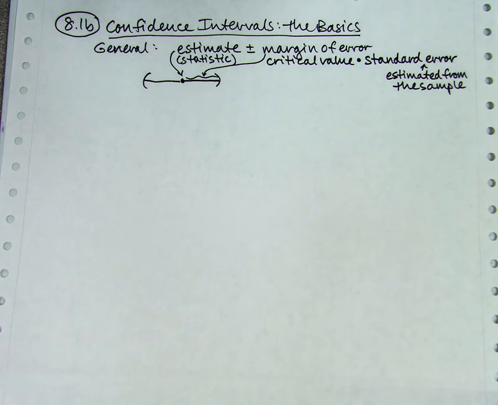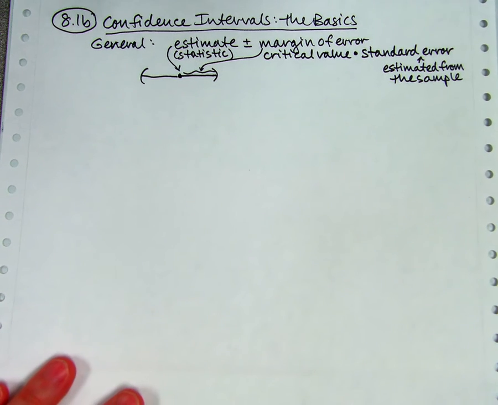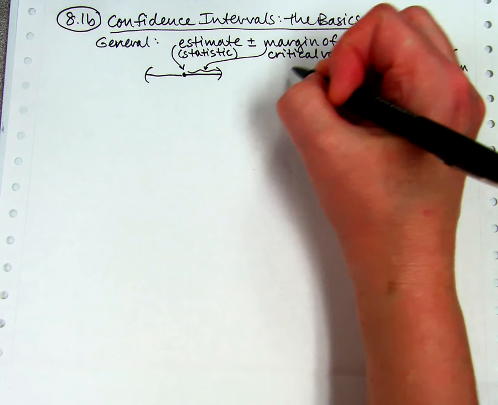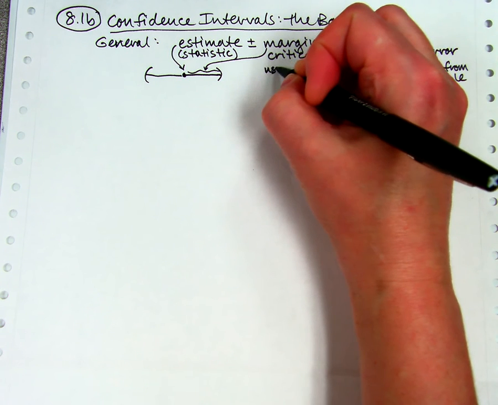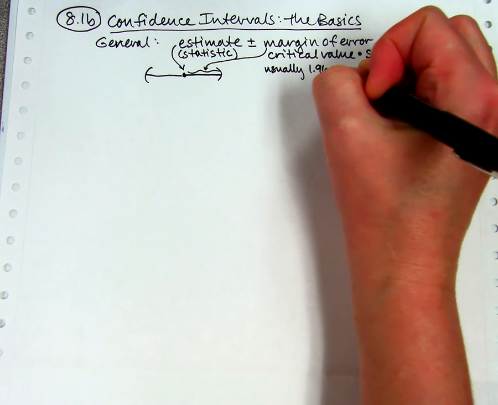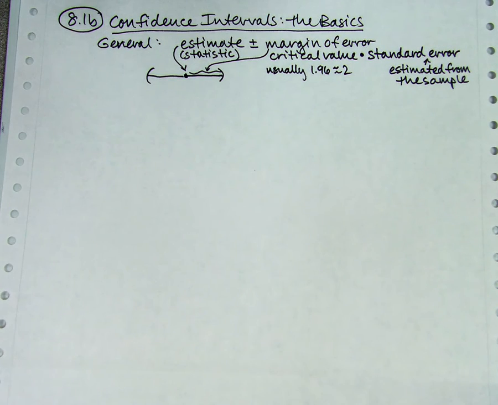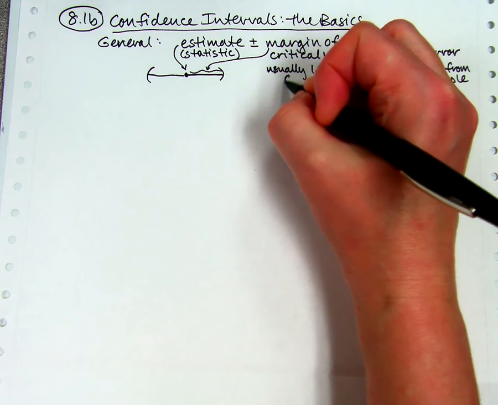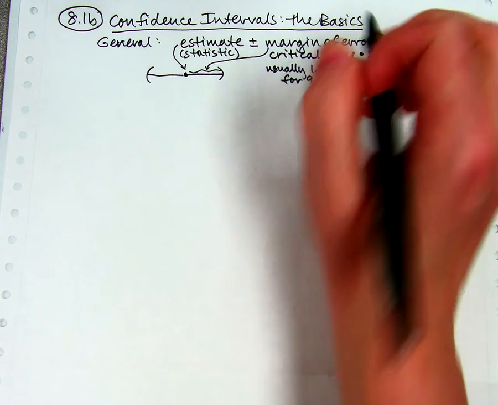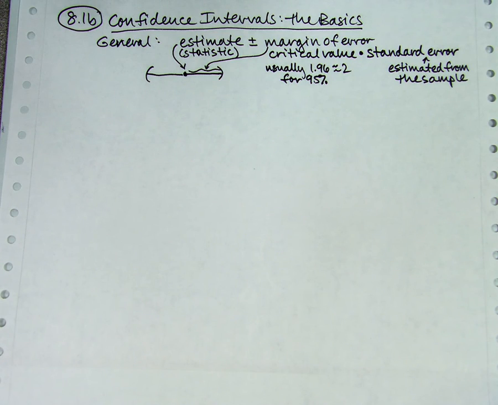That's what we talked about in 8.1a very generically, and we said the critical value was usually 1.96, which is approximately 2 standard deviations if we're doing a 95% interval, which is the most common. We'll come back to that later and talk about what if it's not 95%.